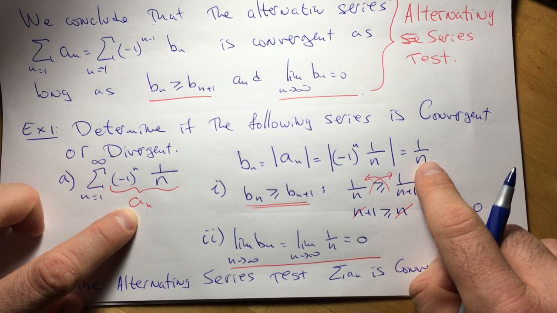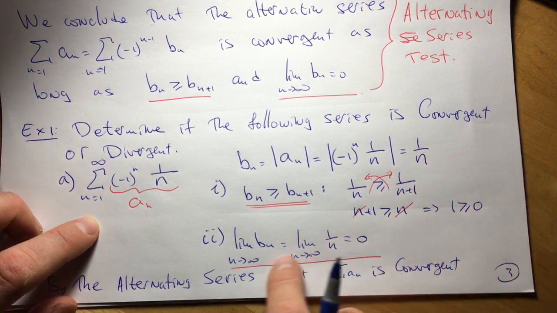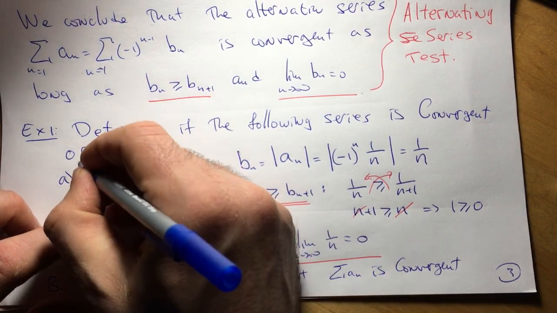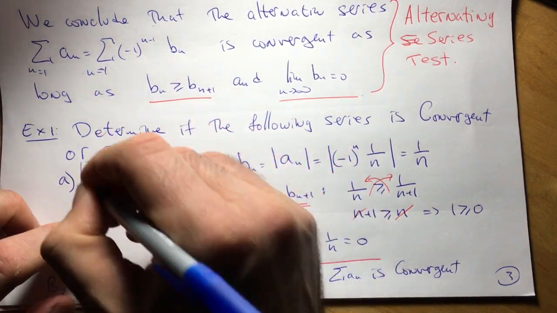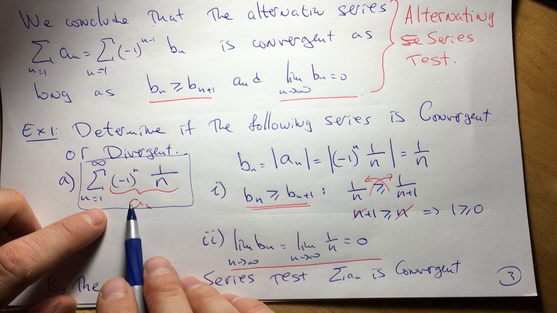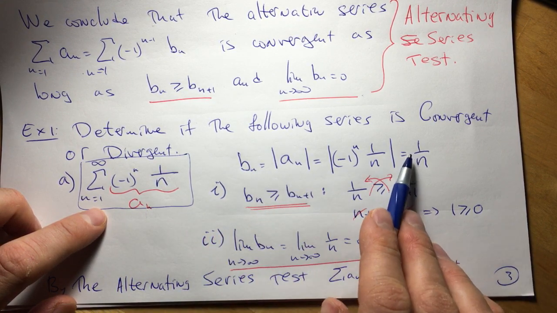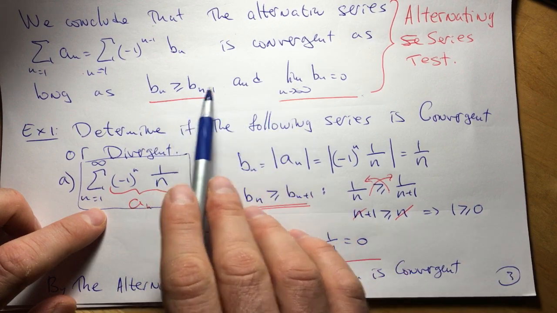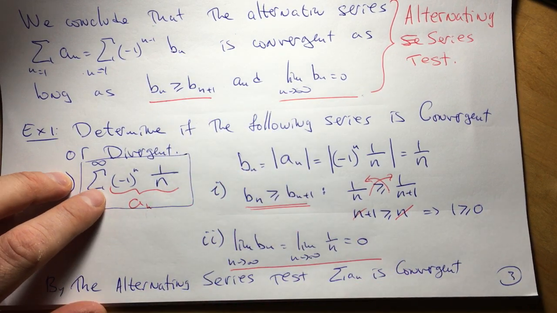That's the harmonic series. But if we're talking about this series, which is an alternating series, all we have to deal with is Bn and show that these two conditions of that sequence are satisfied. Okay? So let's do a few more examples of this.